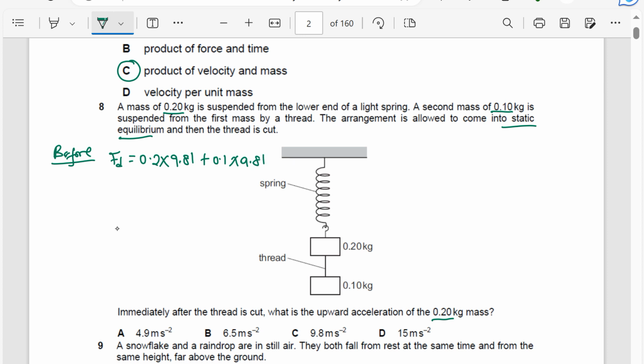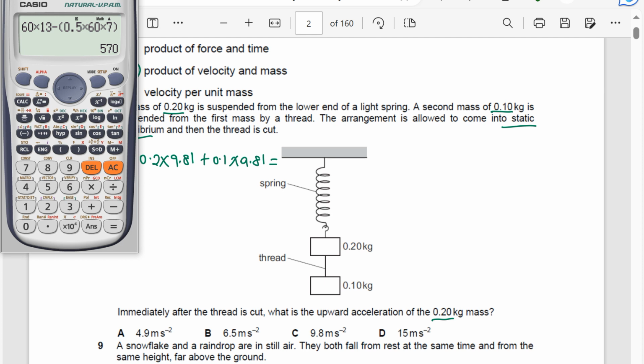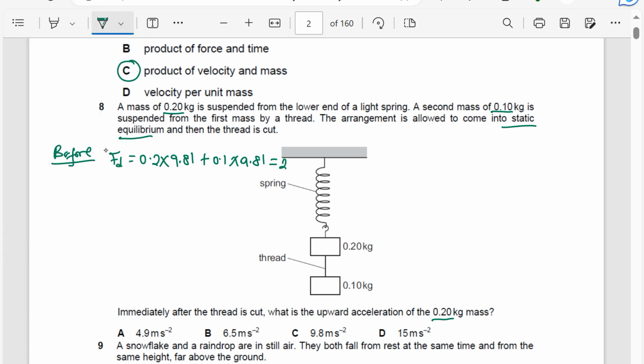So we have 0.2 times 9.81 plus 0.1 times 9.81. So before the thread is cut, the downward force is 2.943 newtons.